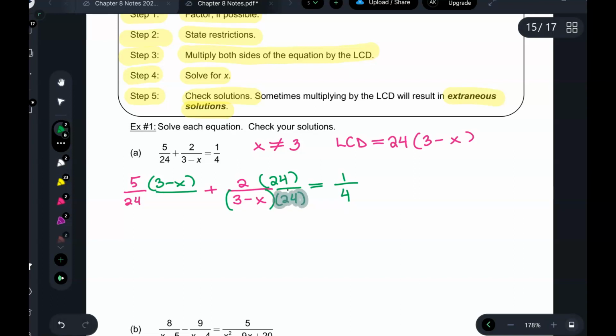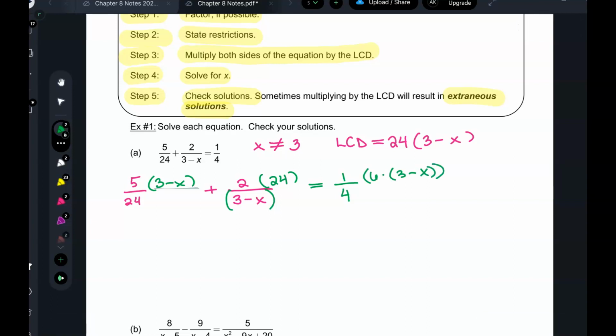Actually, sorry, I didn't mean to multiply the bottom. Just the top. So the top needs to be multiplied by 6 times 3 minus x. One at the bottom. Sorry, I forgot. The whole goal is to get rid of the fractions. We're just multiplying the top. So then how do you add it? Because we're going to get rid of all the common denominators.